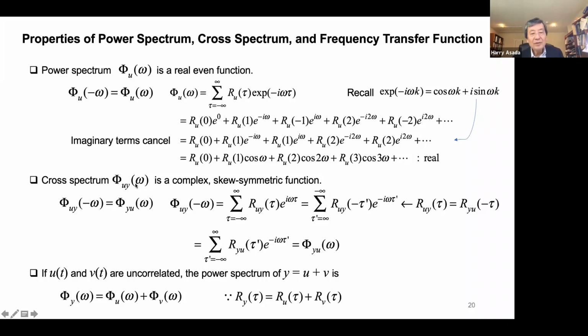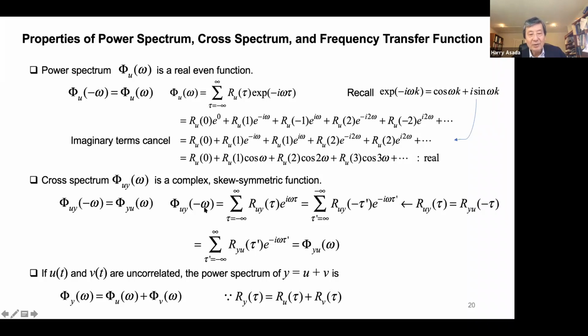The cross spectrum is a complex and skew-symmetric function. It's a little bit different. What it means is that if you swap omega by minus omega, you also have to swap u and y, this order. So this is the proof. I think this one is really straightforward, but let's look at it.